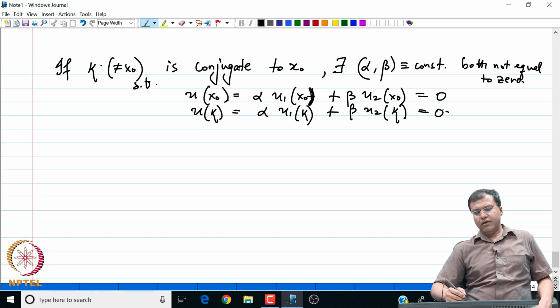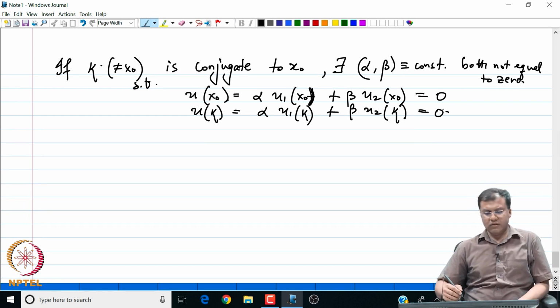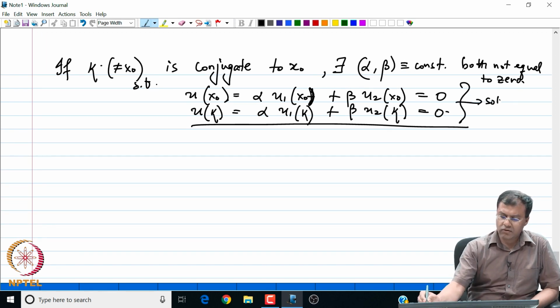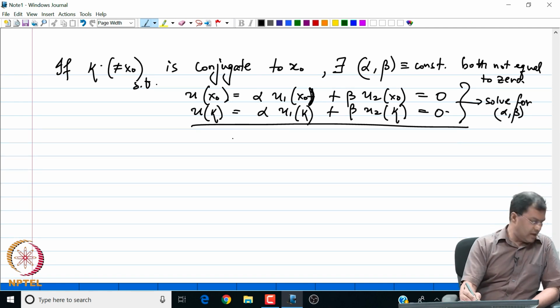So, we have a unique solution to this problem, and the unique solution is not the trivial solution, not the 0 solution. So, from here I can see that I can solve this system of equations. So, we can solve for the unknowns alpha and beta, and we can get the following result.